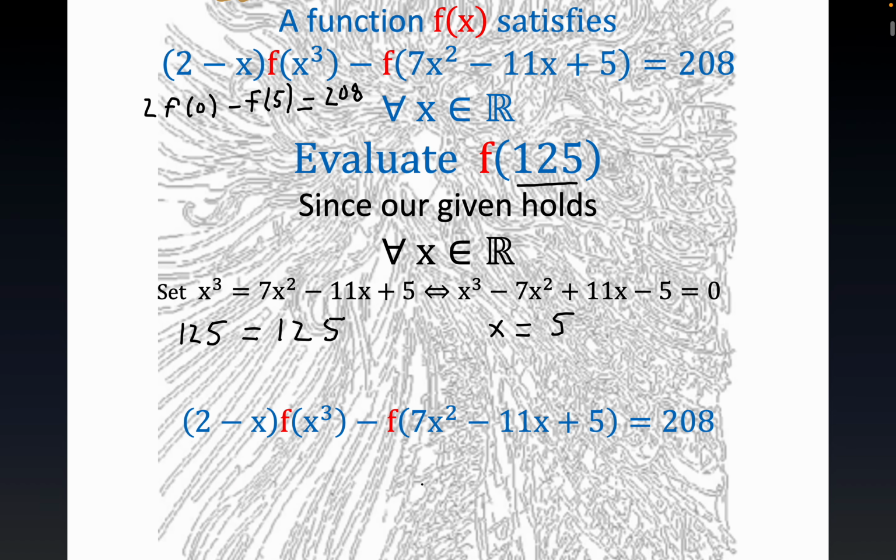Well, if we take x equals 5 and put it right here, this gives us minus 3 times f at 125. And then we already know, as argued up here, this is also f at 125. So you have minus another copy of f evaluated at 125.